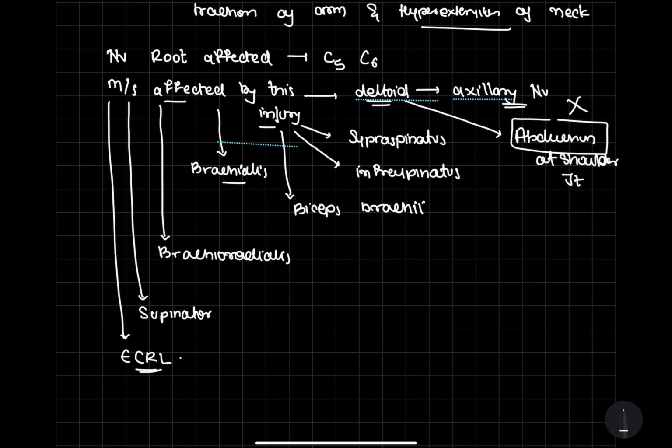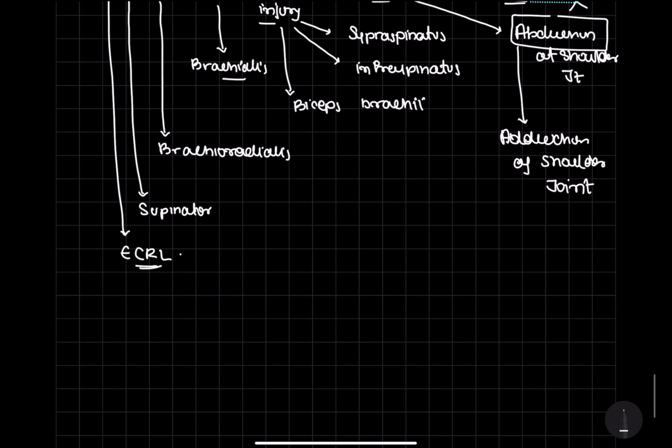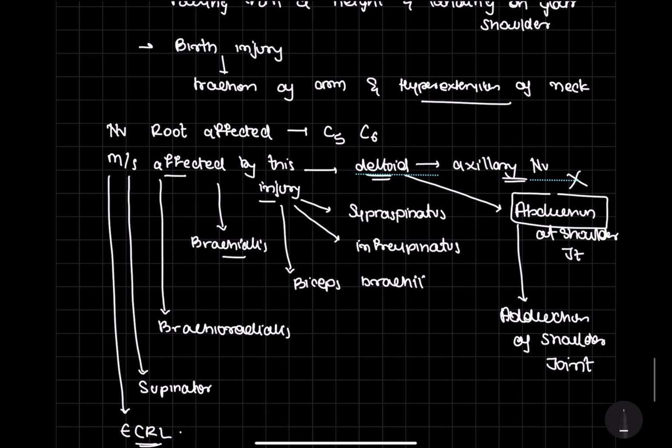If abduction is absent, then the contrast movement, adduction of the shoulder joint, will become stronger. So this was about your Erb's palsy.